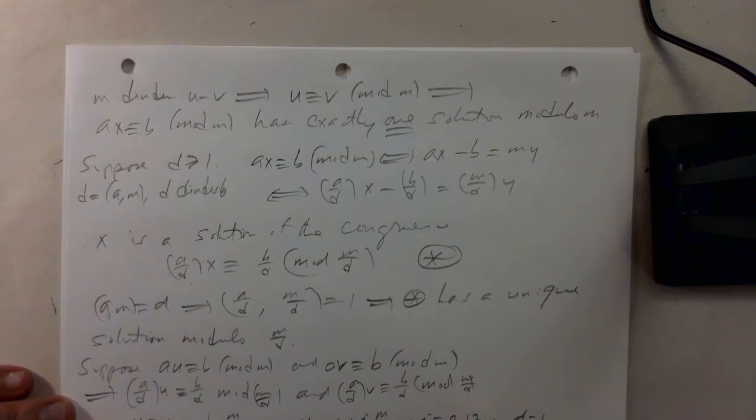So we have D choices. These numbers are pairwise incongruent modulo M, and they give all possible solutions.